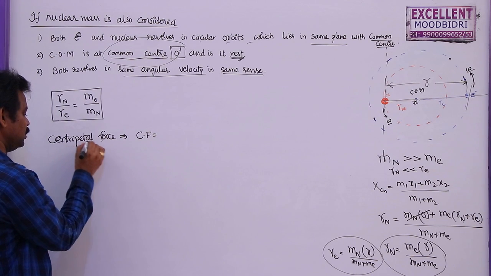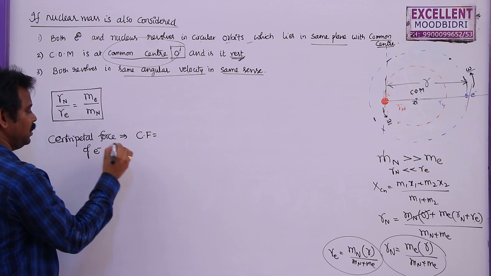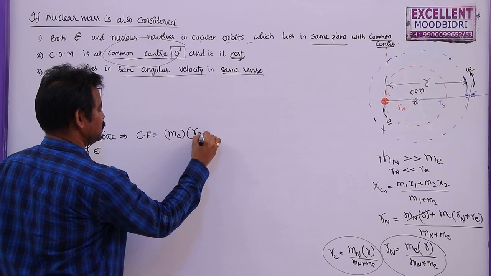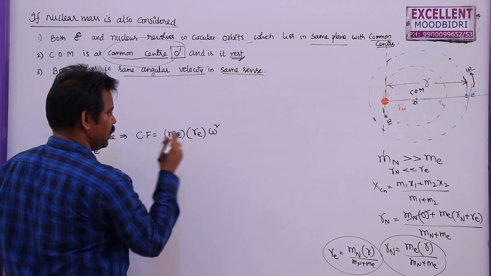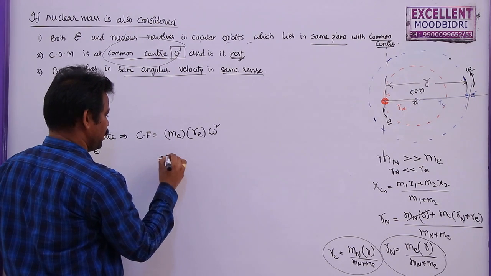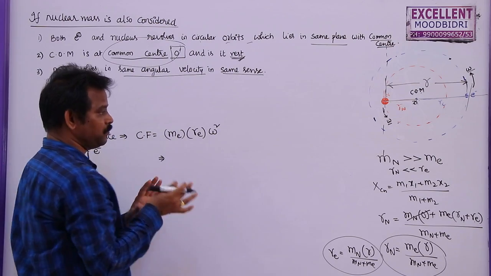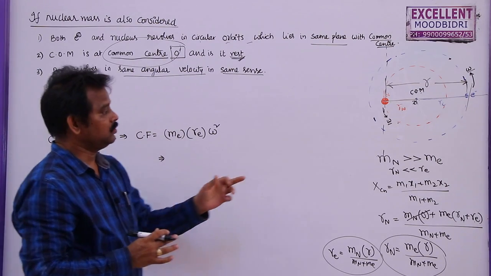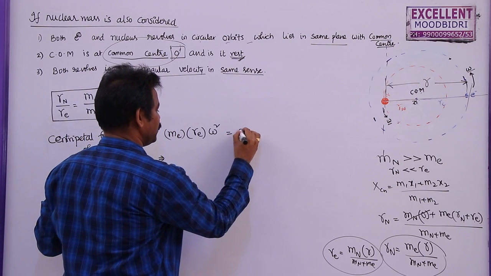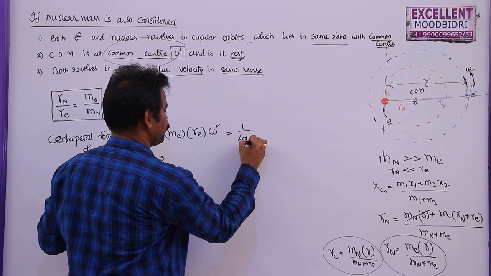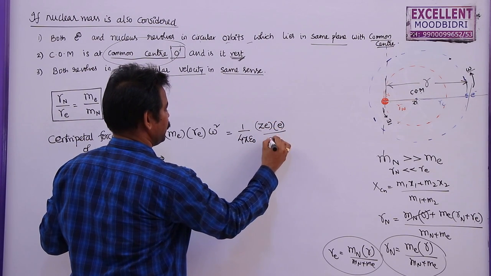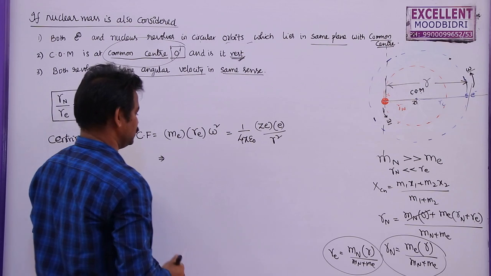As I am finding the centripetal force of the electron, this is mass of electron, radius of electron, and the square of the angular velocity of this electron. This centripetal force is provided by the force of attraction between the nucleus and electron, which I am going to write as 1 by 4 pi epsilon naught, Ze into e, by the distance between these two, R square.